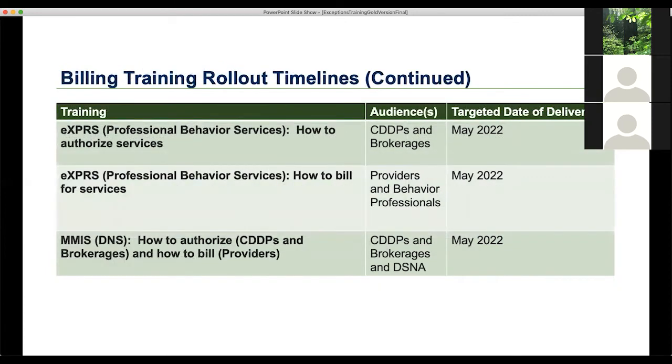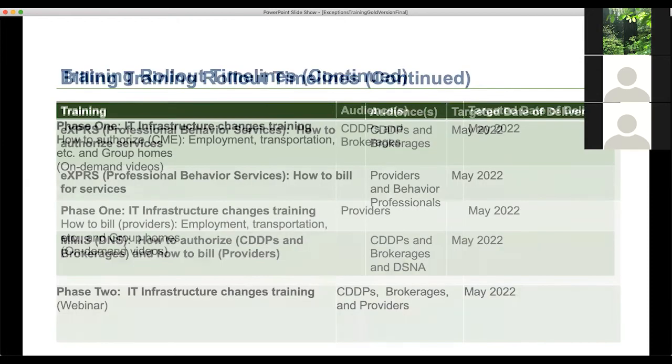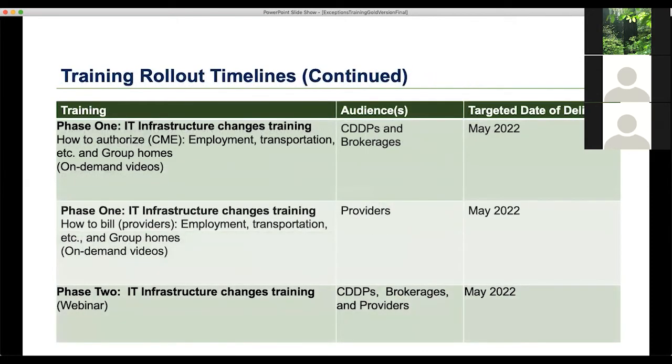And then the next few are express trainings that will be coming out in May. We'll provide some additional information later. They are still in development. And then the last slide for training is on how to authorize and bill for employment, transportation, and group homes.